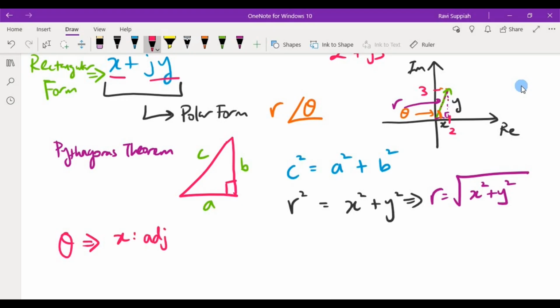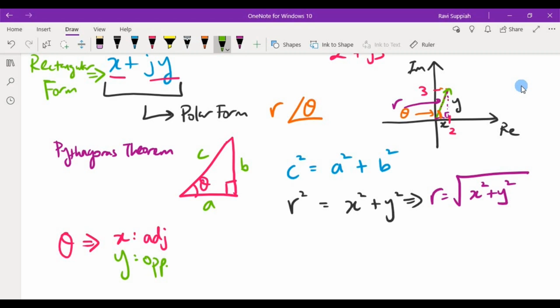These are all referenced with our right angle. So if I put this as theta over here, for theta, A is the adjacent. So for this theta, x is the adjacent, and y is the opposite. In this case, B is the opposite.